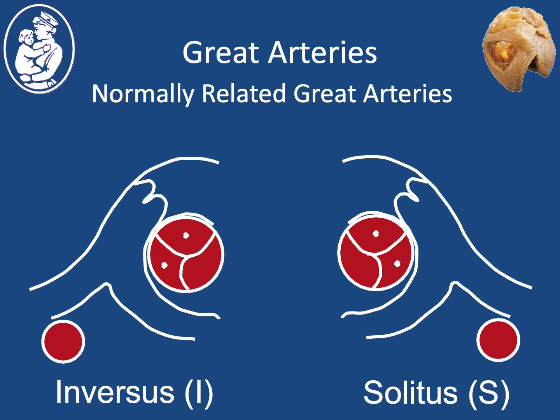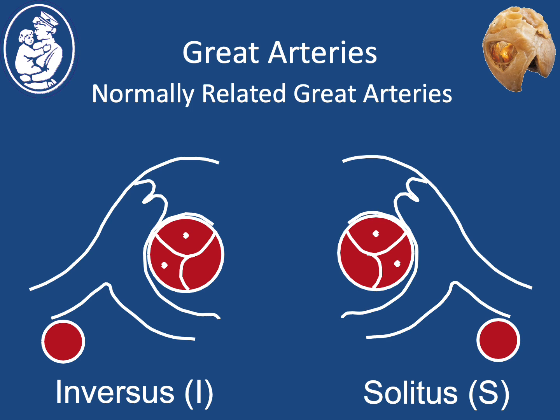In normally related great arteries, the arteries can be in situs solitus position, where the aorta is posterior and to the right, and the pulmonary artery anterior and to the left. Conversely, in situs inversus, the aorta is posterior and to the left, and the pulmonary artery anterior and to the right.